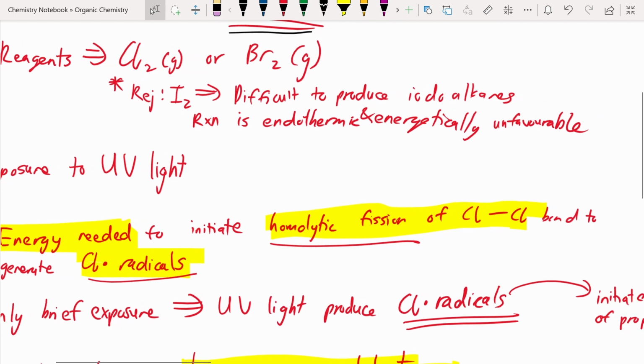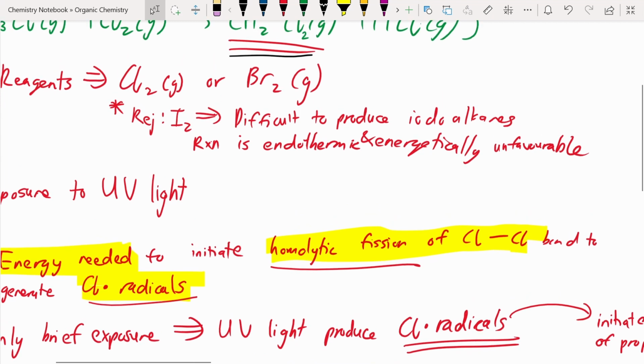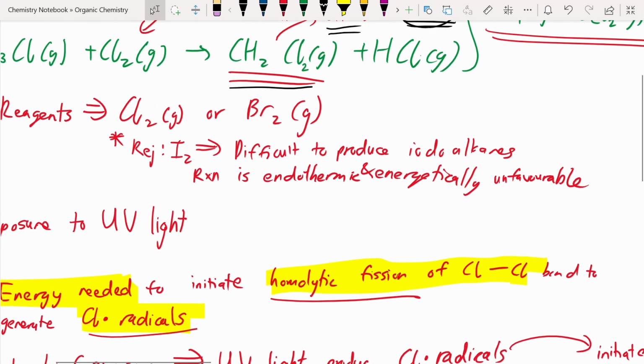It will be very hard to react iodine with your alkane because it's very difficult to produce iodoalkanes, because the reaction is endothermic and energetically unfavorable. If you do the calculations using chemical energetics, you realize that the energy absorbed in breaking the bonds is more than the energy evolved from forming the bonds when it comes to the reaction with iodine.